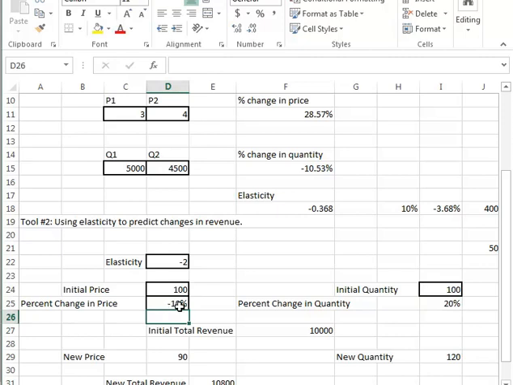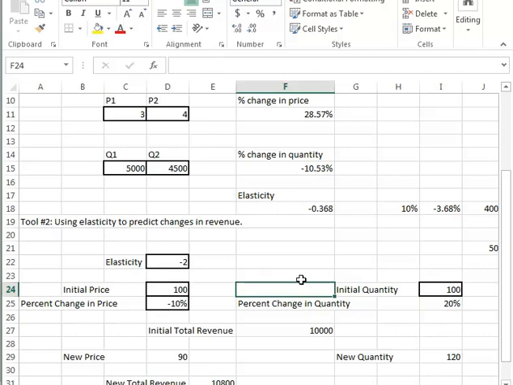So the percentage change in quantity, I've set it so that it falls out automatically. And notice that when we have a known price change and a known elasticity, the percentage change in quantity is the elasticity times the price change. And we covered that back at the beginning of this video segment.